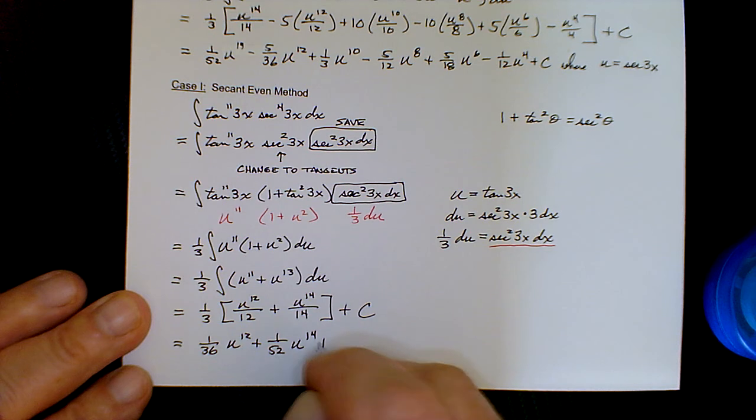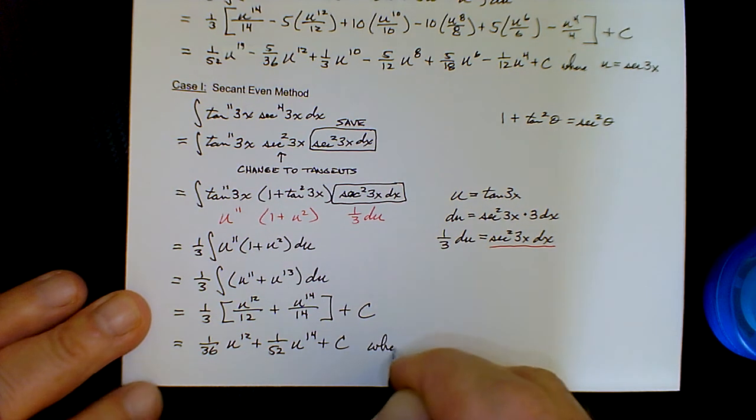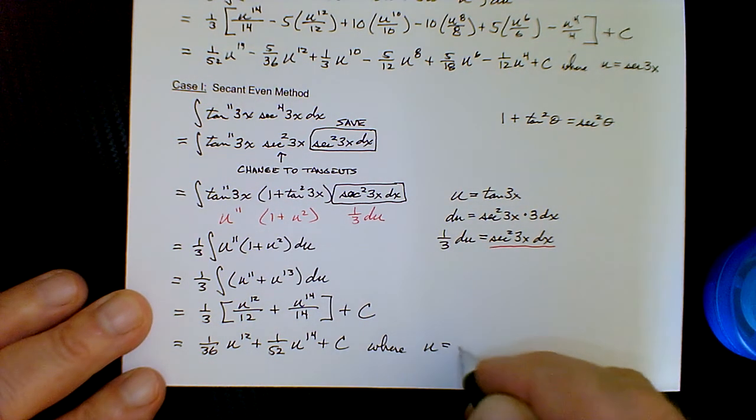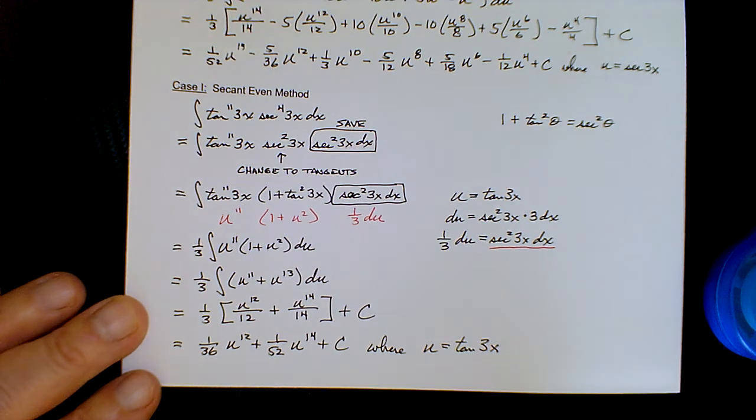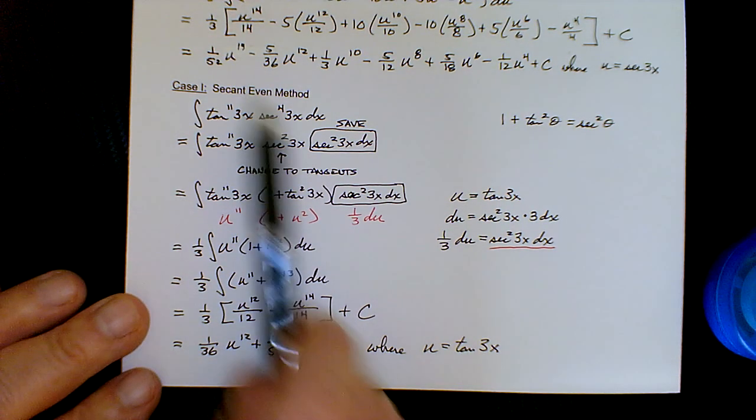So the answers do look tremendously different. You can trust they're the same. This is the 14th power here, but it's a secant, as opposed to here where it's a 14th power, but it's a tangent.